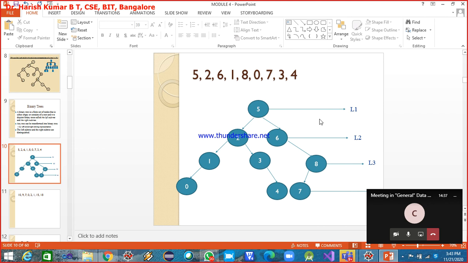So now we'll go back and continue with the nonlinear data structure we were discussing. We had started our discussion with trees, which are a nonlinear data structure.